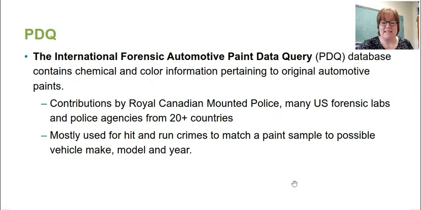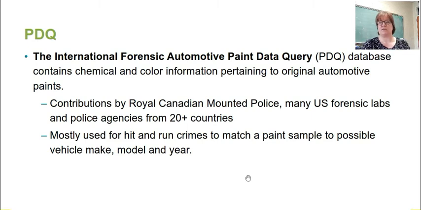PDQ is a paint database, Paint Data Query. So this is chemical and color information of different paint layers from different paint chips. It's used a lot of times in hit and run accidents to try to figure out the make and model of the vehicle that had run off and is no longer there but left a paint chip on the car that was hit.